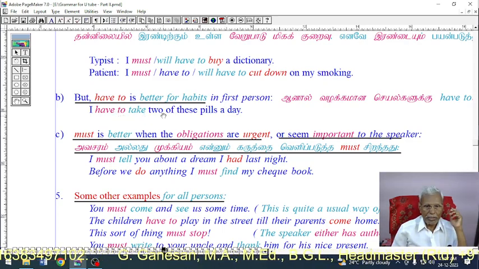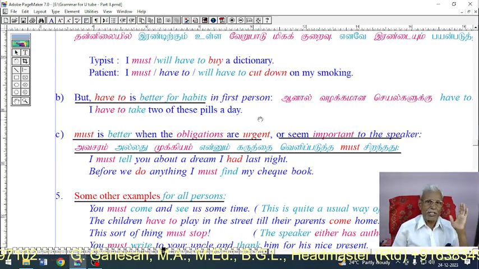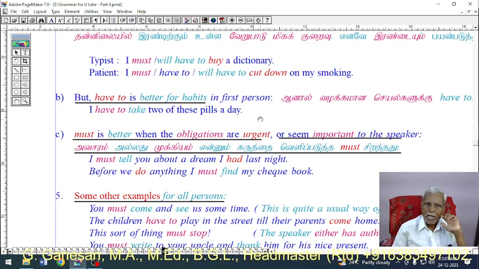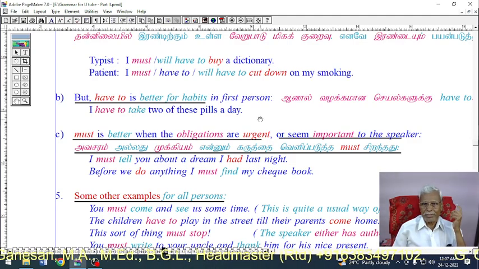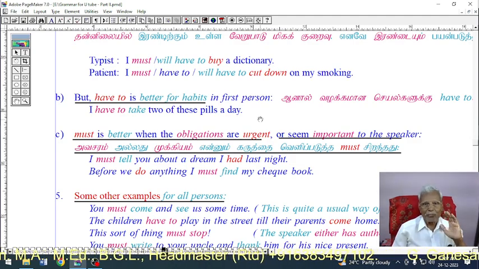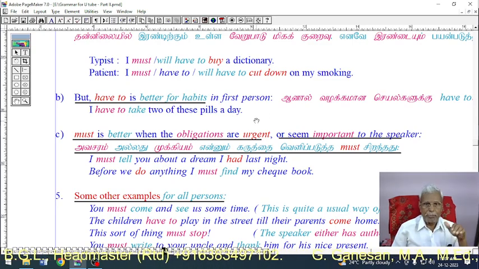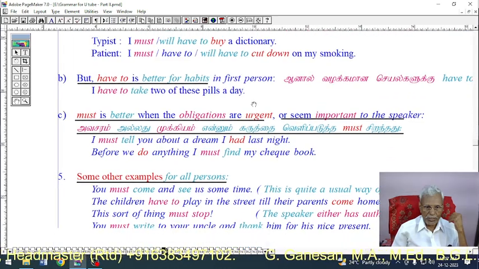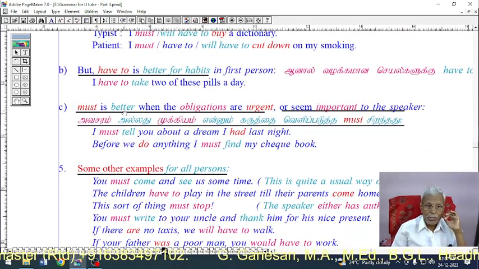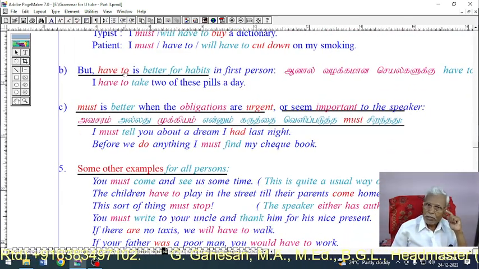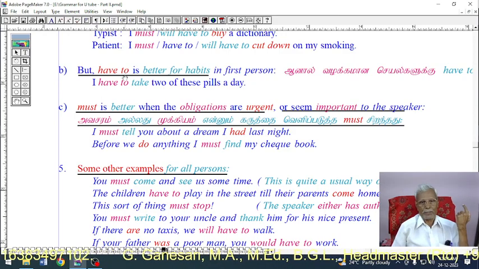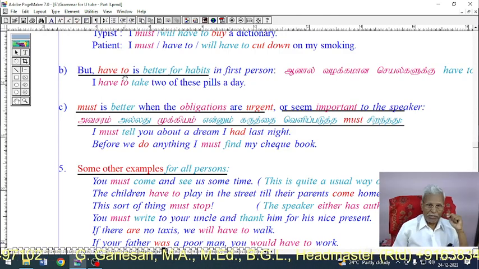I have to take 2 of these pills a day. Instead of I must take, have to is better for habitual actions.